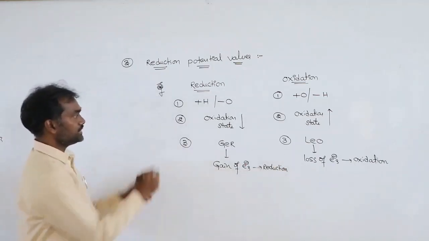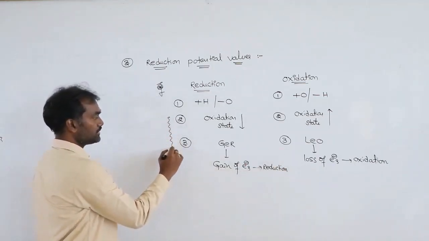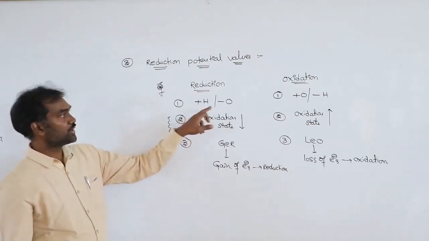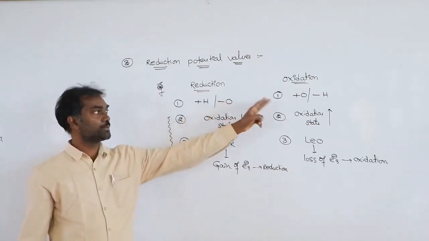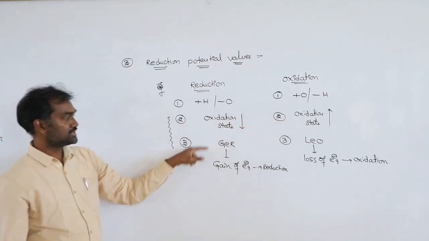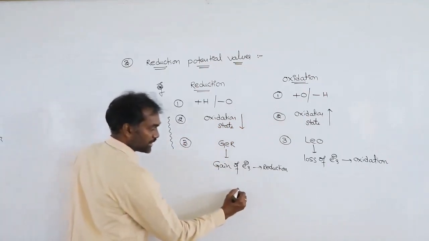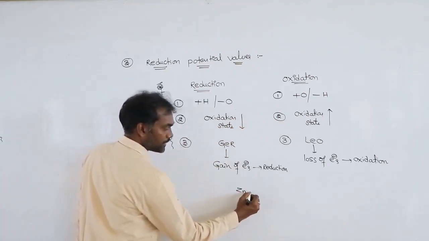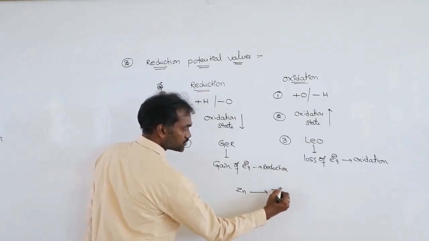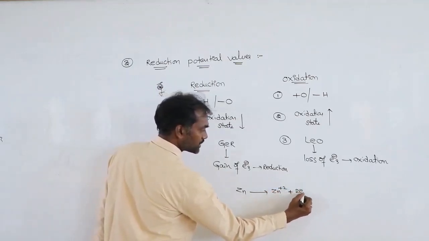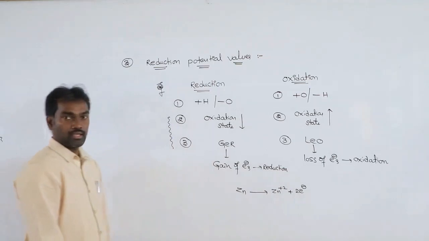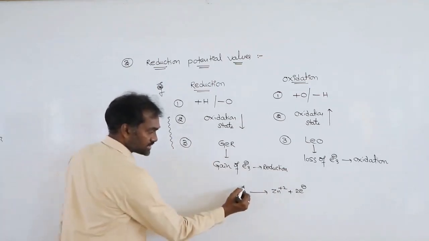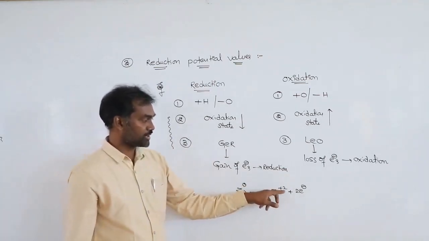Mainly these two are important for us right now. In organic chemistry, these two are the most important. In general, suppose you take zinc becoming Zn plus 2 plus 2 electrons. Zinc's oxidation state is 0 and becomes plus 2.